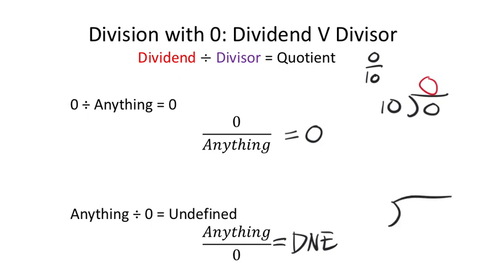So let's do 3 divided by 0, okay? This means that you have 3 of something, and you're going to divide it into nothings. So the question this is asking is, how much of nothing is in 3? Which sounds kind of weird.